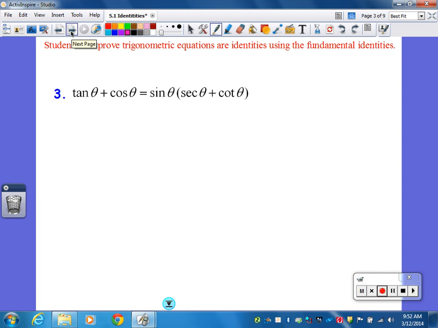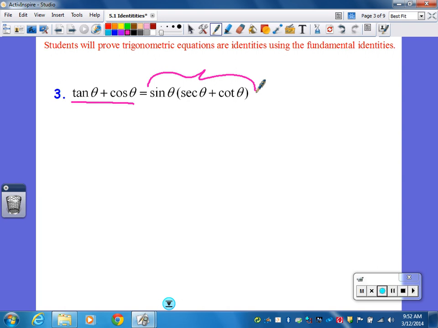Ooh, we have 3 different things we're looking at here. Okay, so the first thing we want to kind of look at is what do we have the most of, or what can we kind of maneuver around to get rid of something so we can make our smaller thing. So this section is larger, correct? And we want to break that down so it turns into tangent theta, cosine theta.